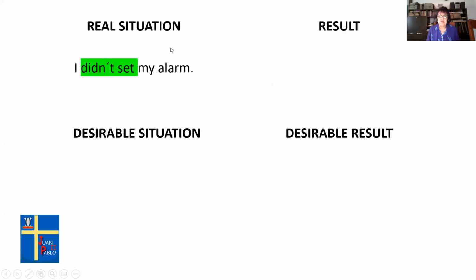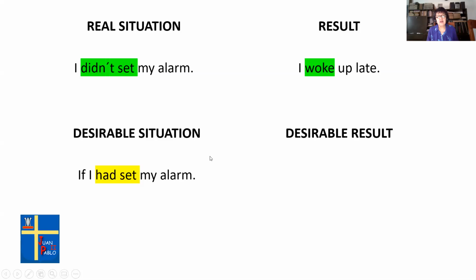In this case, the real situation is I didn't set my alarm, like in the memory work. And the result is that I woke up late. Now, I'm dreaming or imagining a different situation. And the situation is, if I had set my alarm, I would have woken up on time.